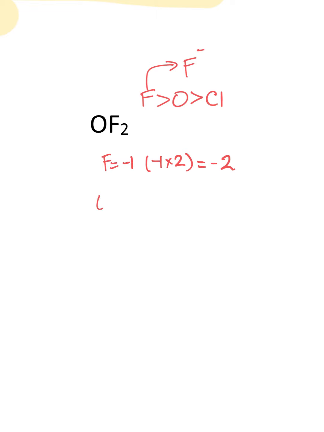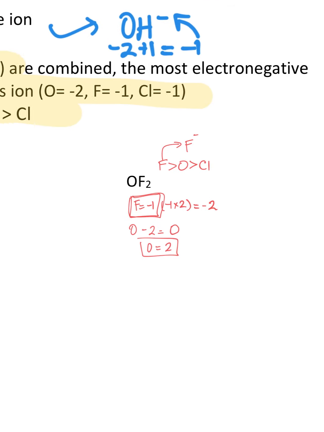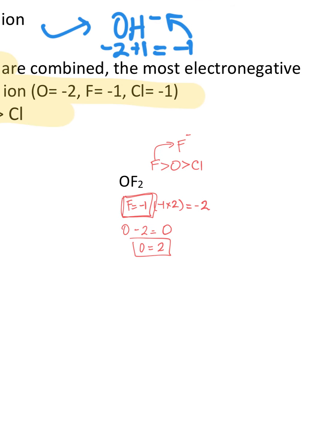So that means oxygen plus -2 is going to equal 0. What is going to balance this out? Oxygen has got to be +2. So the oxidation number on fluoride is -1, and the oxidation number on oxygen is +2.